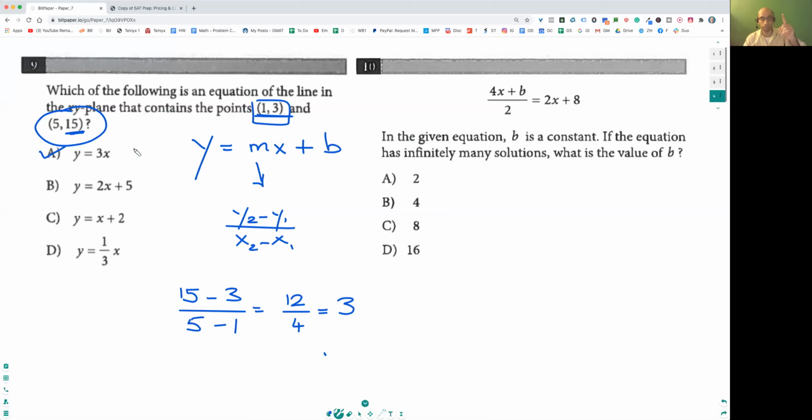If you put 1 comma 3, this is going to work because 3 is equal to 3 times 1, right? Guys, pay attention here, okay? But maybe even this one works. Why? Because 3 is equal to 1 plus 2, right? So you might have 2 possible choices, but then you got to come to this guy, okay? And this will only satisfy this, and it won't satisfy this one, okay? So if you're watching this video, be careful.